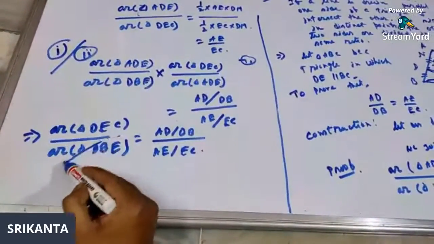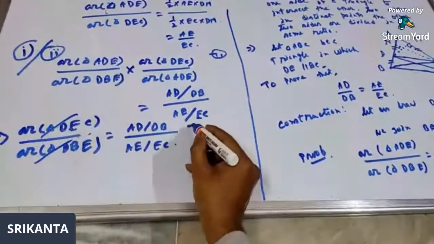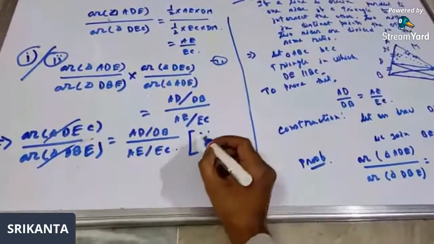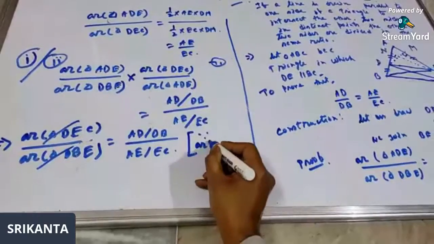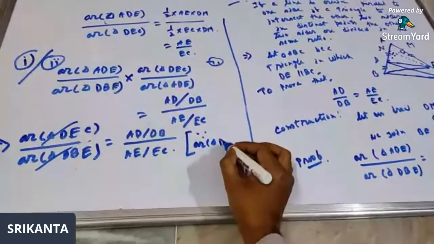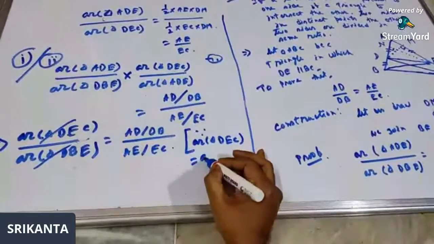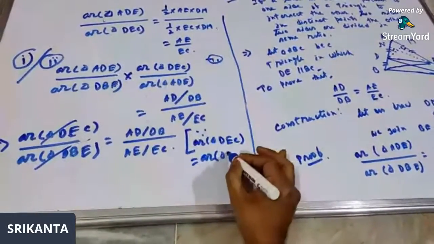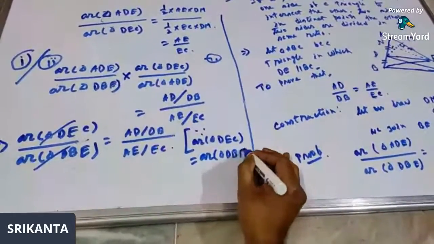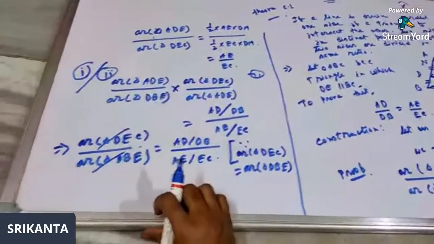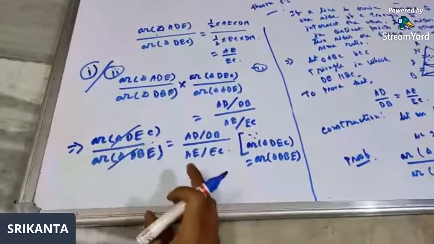So these two cut down. Why? You write, since area of triangle DEC equals area of triangle DBE. Clear? Cut down. So what do we have here? 1, right?